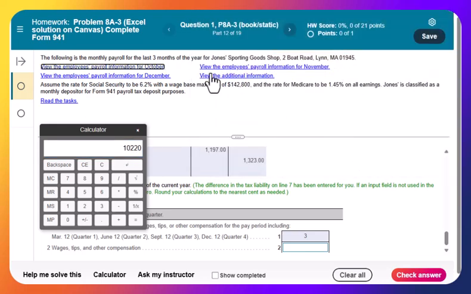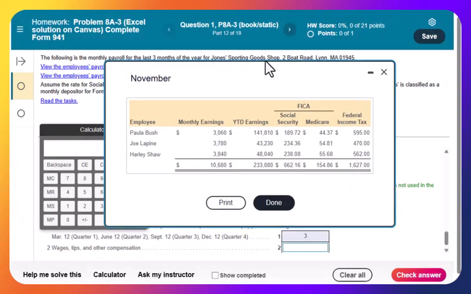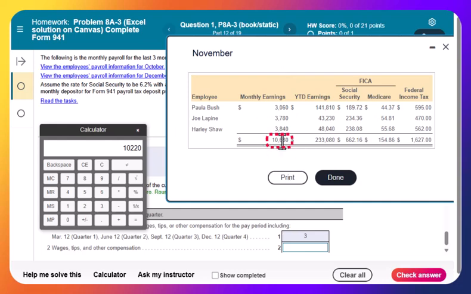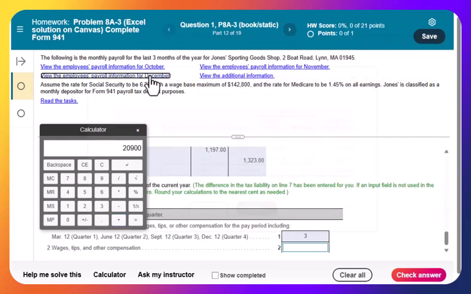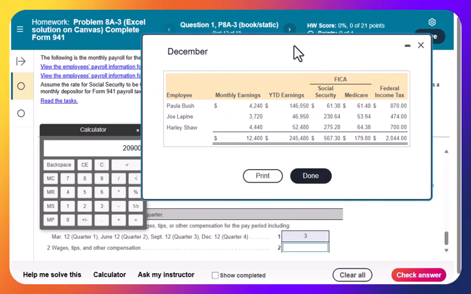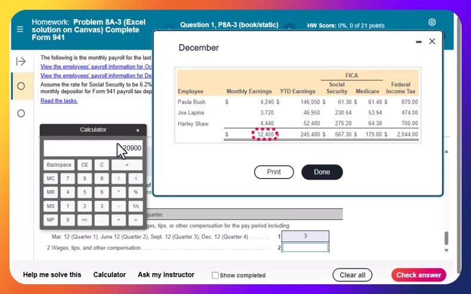Close out of October. Move on to November here. And this one, the monthly earnings gross here, 10,680 for the employees. So we'll go ahead and add that in. And then we're going to go on to December and get those gross monthly earnings, 12,400.